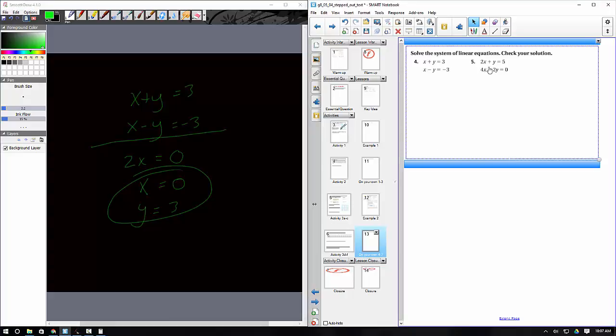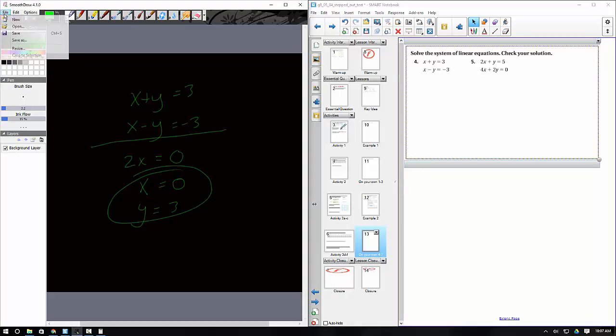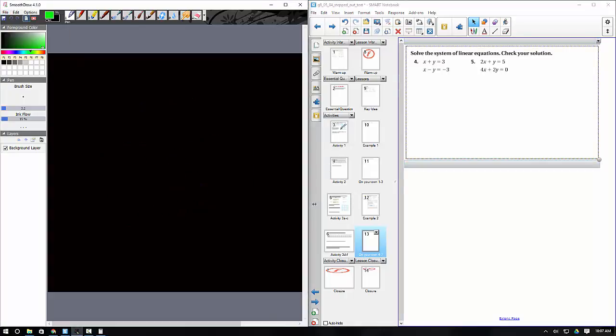Then let's look at this one here. And I'll have 2x plus y equals 5, and 4x plus 2y equals 0. And maybe I want to solve by elimination this time, right? So I'm going to go through, and I'll multiply everything by negative 2.